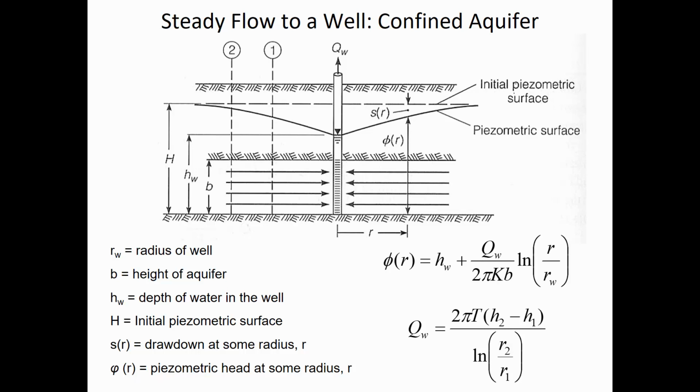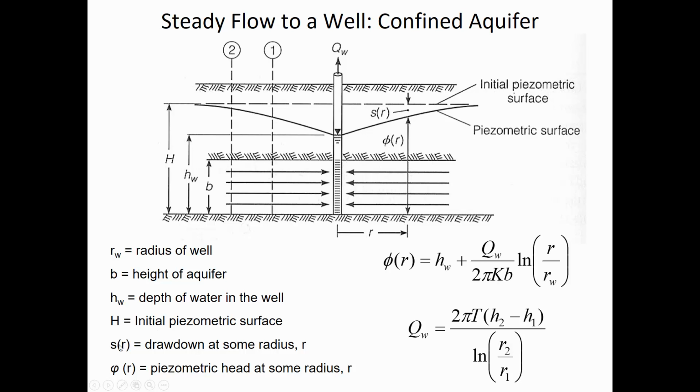But if you put in a monitoring well at location 1, just to keep tabs on how high the water level will rise at that location, then once you start pumping, this is where the water level would be at 1. The drawdown would be the difference between the initial piezometric surface and the piezometric surface once the pumping begins. Sometimes this piezometric surface is also called a potentiometric surface, depending on which book and the terminology.